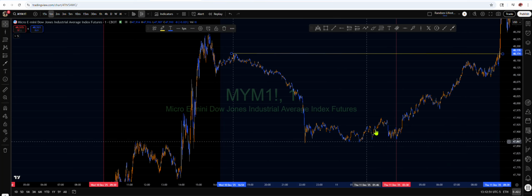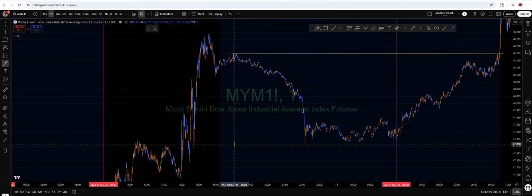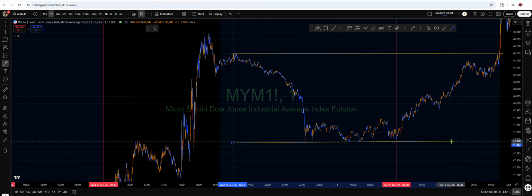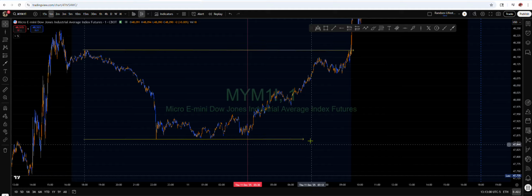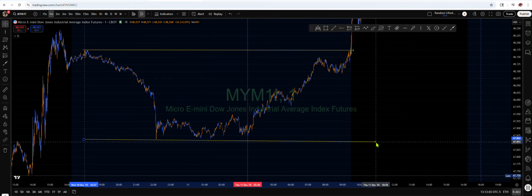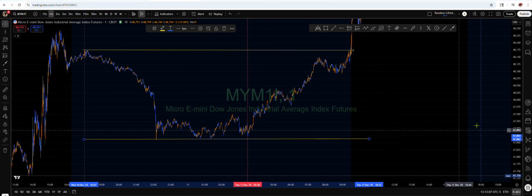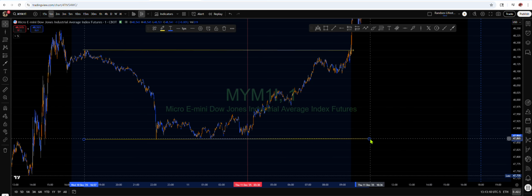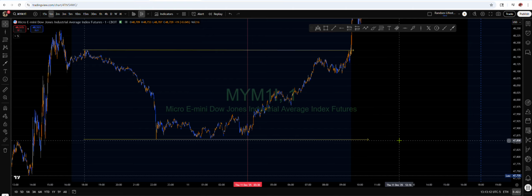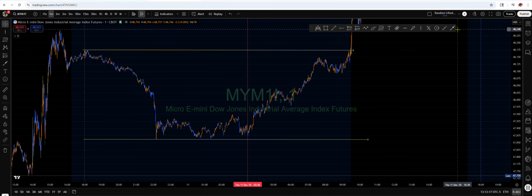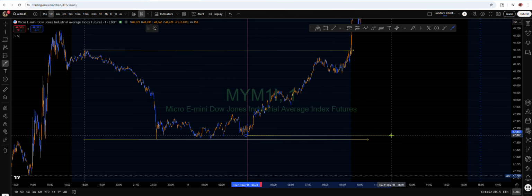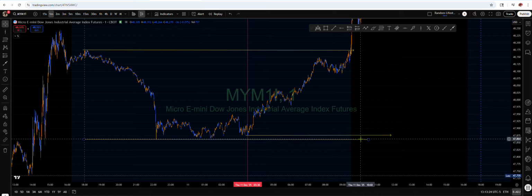All right, so that's Asian. So that's Asian higher high, and that's Asian lower low. Let's try to make that straight as possible. So then we have London. It's supposed to be green.